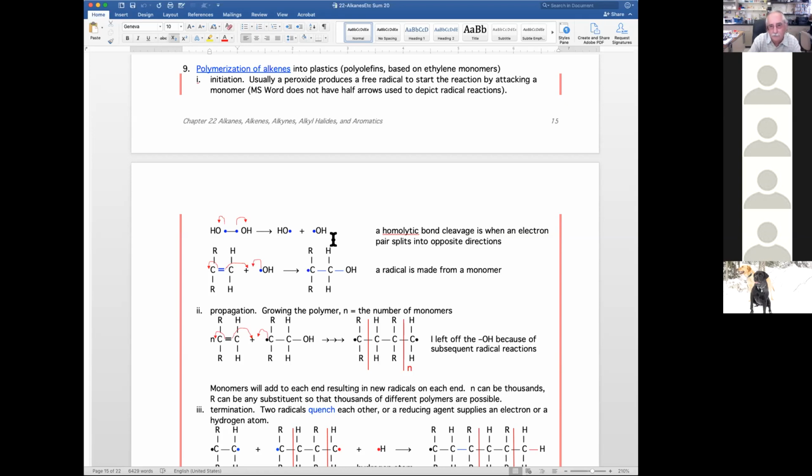What is a radical? Anything with an odd number of electrons. So both of these have an odd number of electrons. And why do we call them radicals? Because they're just extremely reactive. They want more than anything to get their electrons paired up again.